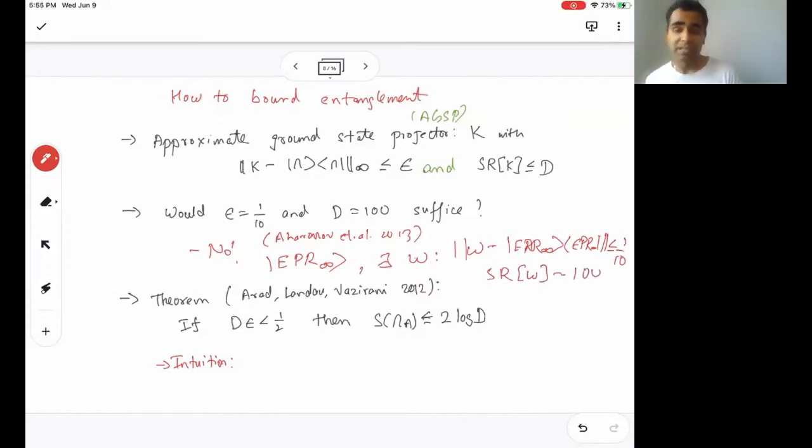So there can be operators like this which work well even for a very large amount of entanglement. So this regime is clearly not sufficient to try and prove an area law.